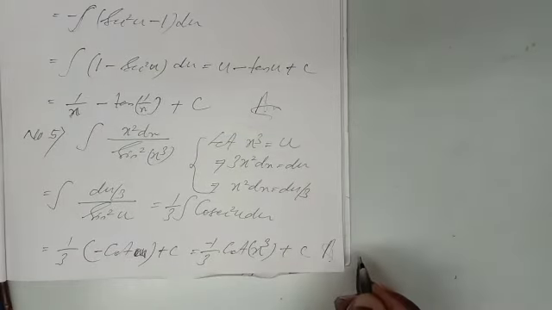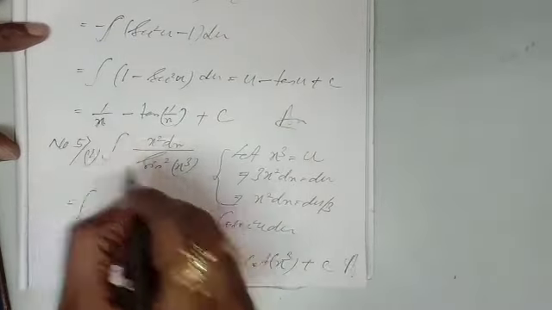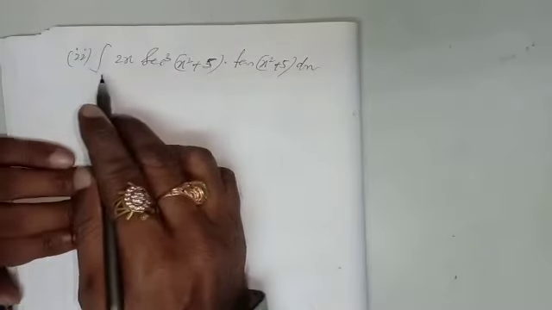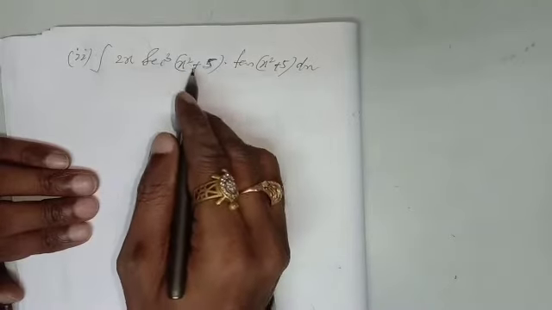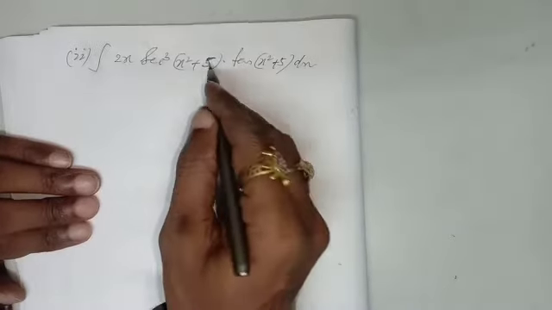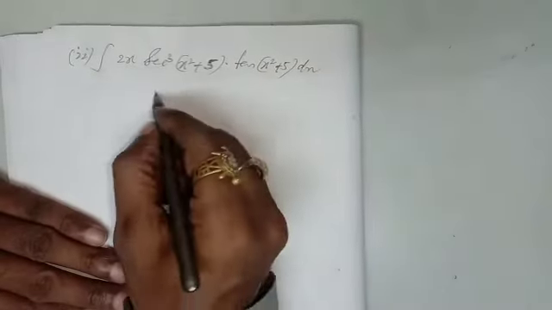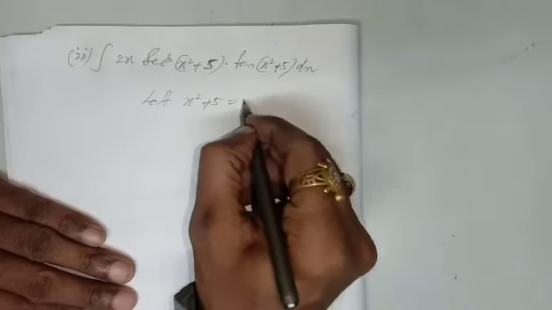Next I am going to number 5, second part. This was number 5, first part, and now I go to number 5, second part. Question number 5, second part, the question given is integration sec cube of x square plus 5 into tan of x square plus 5 dx. First of all, take x square plus 5 as u.